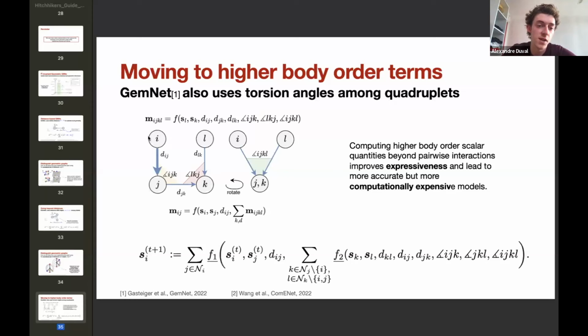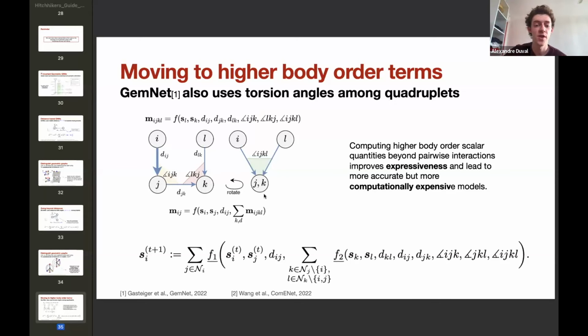If you see, we're still trying to update the representation of the atom I, and we're going to do it using the neighbors J, but also the neighbors K of J and the neighbors L of K to compute these different angular quantities that are informative of the geometry of the molecule, the angle IJK, the angle LJK, but also these torsion angles between the two hyperplanes IJK and JKL.